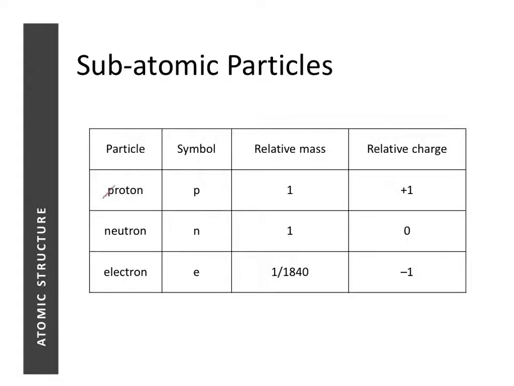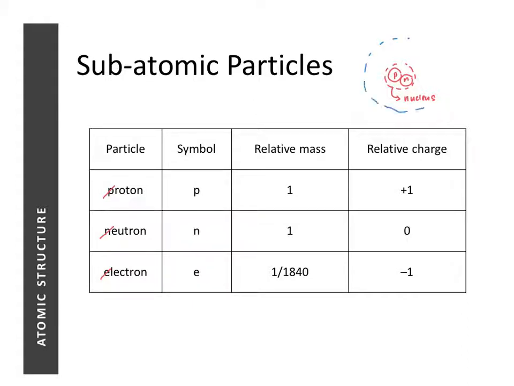The first thing that we need to learn is where they are found in an atom. Protons and neutrons are found in the center of the atom, in a region called the nucleus. How about electrons? Electrons are found outside the nucleus.